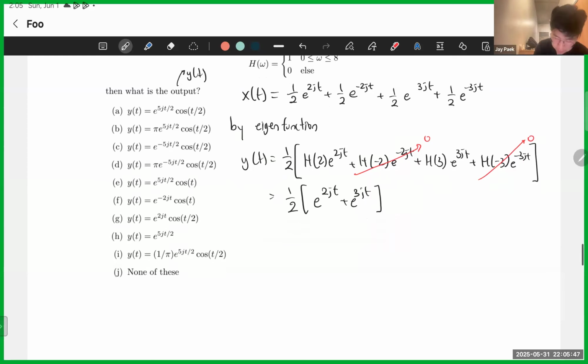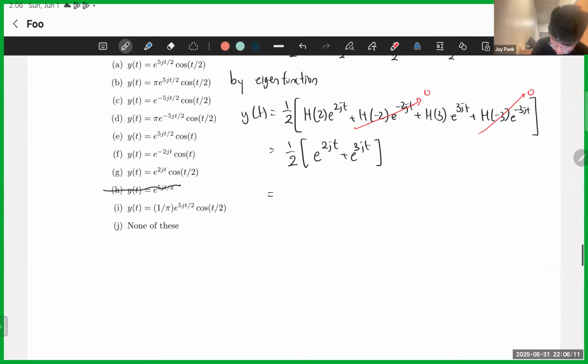And we observe here that all of the answer choices, well, first of all, it's clearly not this one. And all of the answer choices have a cosine in it. So this is the point where you want to use the answer choice format to your advantage in order to obtain your answer. So the answer choices demand us to put in the cosine format. We will do so.